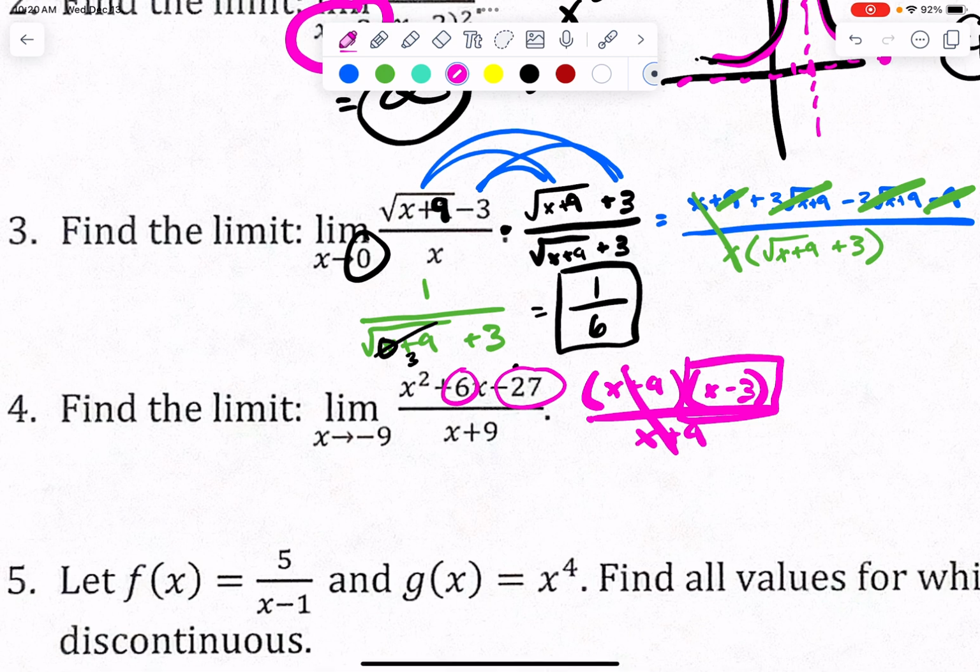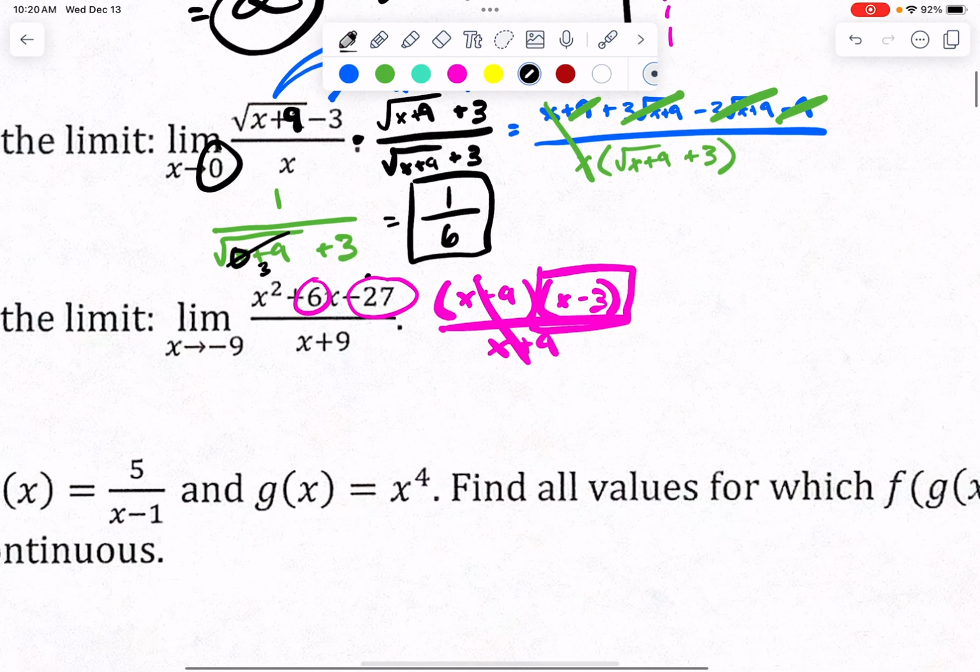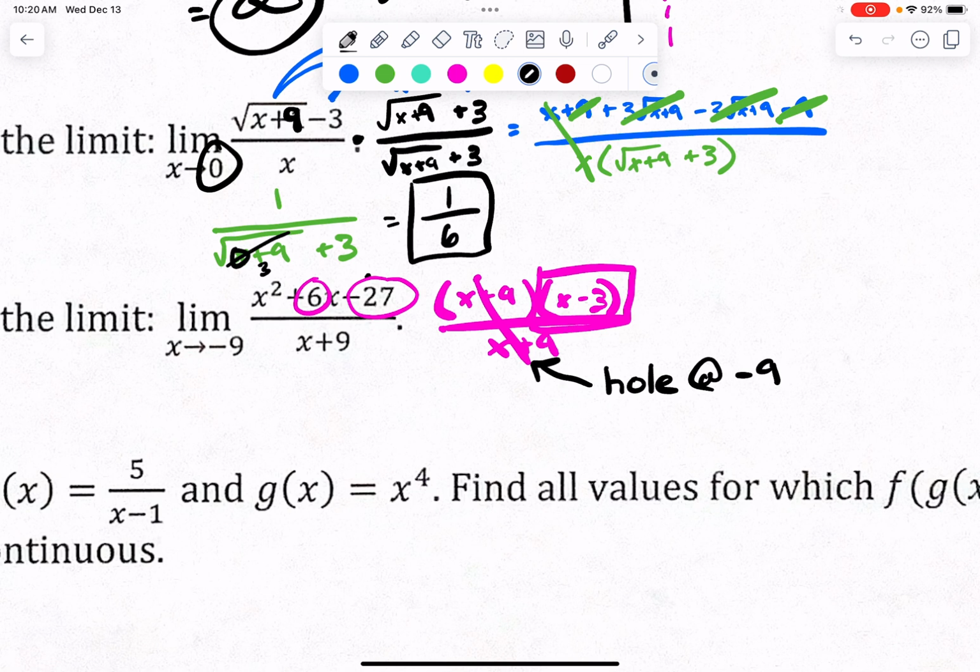Now, you don't need to know that for this question, but it's just kind of nice to know that because he canceled out, that means there was a hole at negative 9, right? If we set him equal to 0, he's negative 9. He's a hole because he canceled out, okay? So a lot of times the bottom tells me that there's a VA, but a VA sometimes is a hole in disguise, okay?